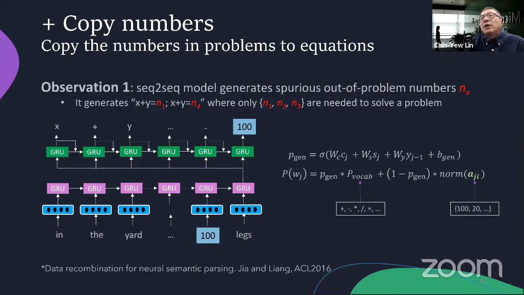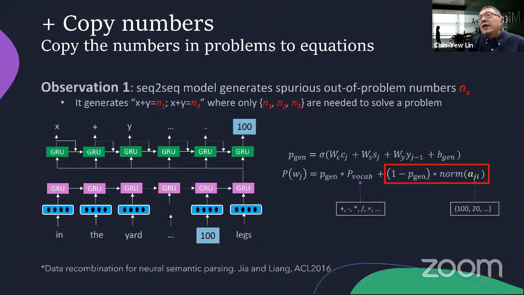In that case, we can reduce the chance of generating spurious output, a number nx with an index that is not in the original problem. So this is one of the fixes we added to the basic sequence model. In the final equation, we just add these copy components, so you don't always generate from the vocabulary.